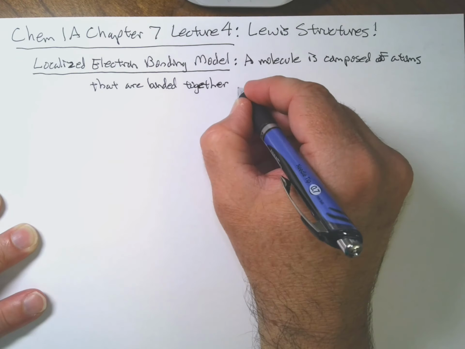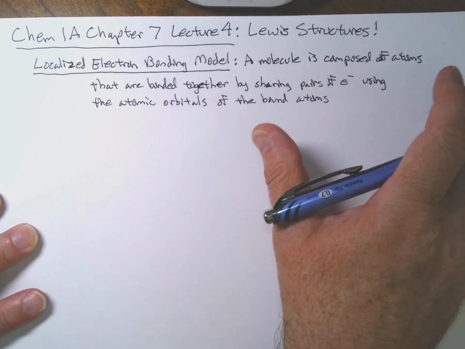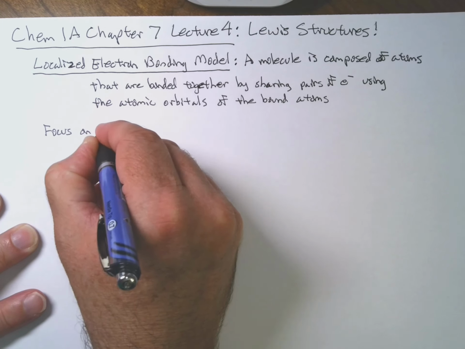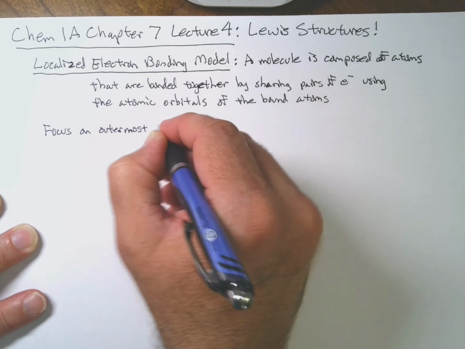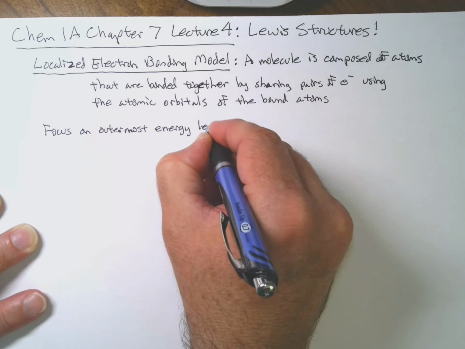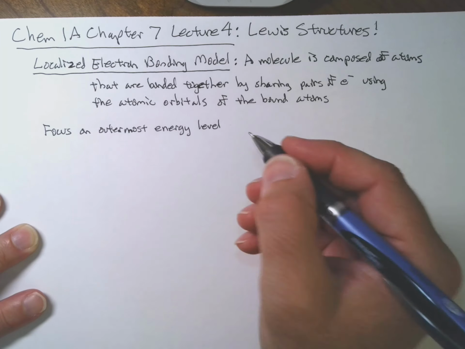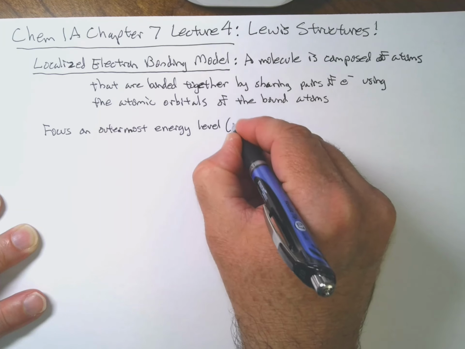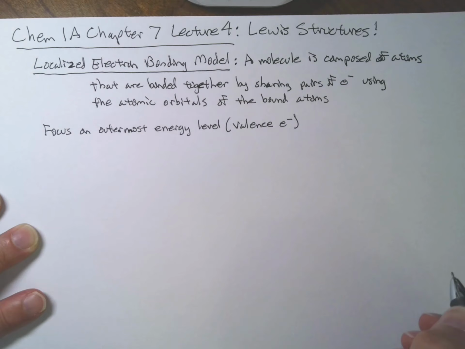Okay, and I should also make a note that we're only going to focus on the outermost energy level. So, if we've got n equals 2, we're looking at the 2s and the 2p orbitals. And those are what we call the valence electrons.